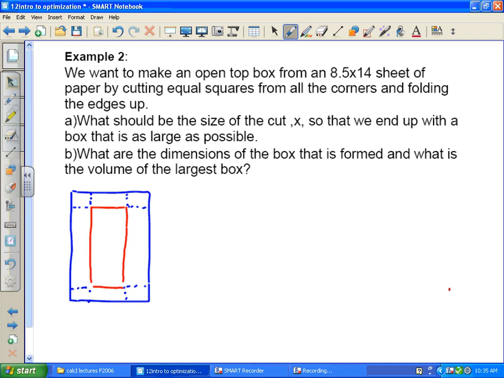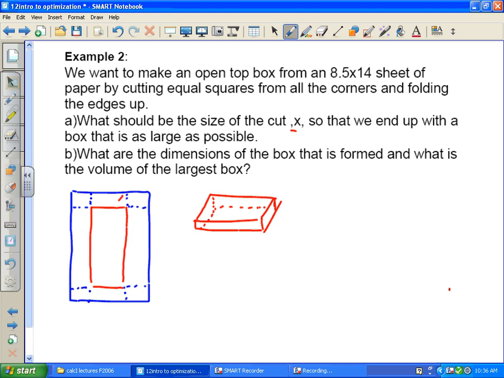So roughly speaking, not up to scale or anything, but I'm just going to do a box here. So the question says, what should be the size of the cut x?